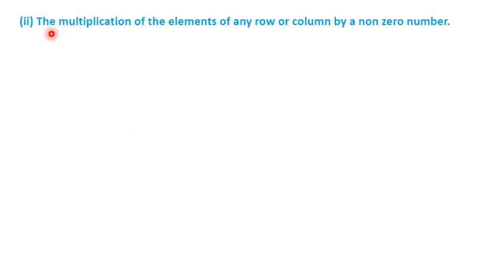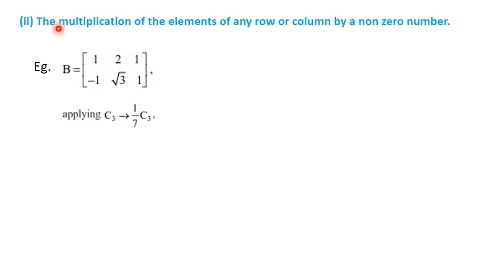Now move on to the second operation, that is the multiplication of the elements of any row or column by a non-zero number. For example, we have a matrix B equal to 1, 2, 1, minus 1, root 3, 1.